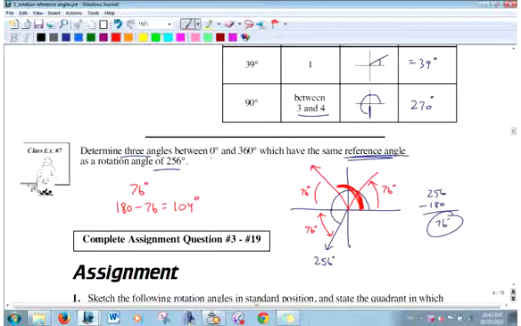Okay, what's the only other one I'm missing? The one down here that has a reference angle of 76. How do I determine that? Subtract it from 360. And I'm going to cheat and look: 284. Okay, that's one, that's the other, that's the third, and that's all four. There's no more.